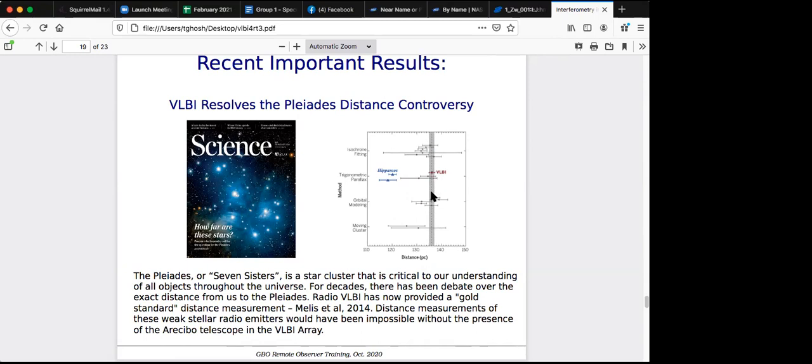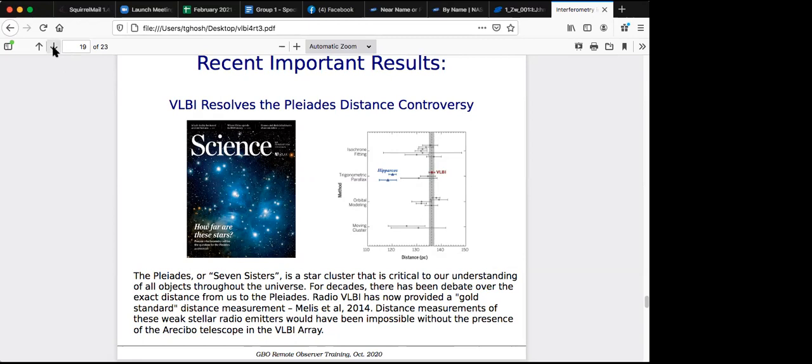Many of the ground-based measurements put the value at about 138, but then Hipparcos found a very odd value. VLBI nailed it down here. And now Gaia also has confirmed that the value is really here, not with the Hipparcos. So this was a good achievement for VLBI in general. This is a second rung in the ladder of the distance measurements in astronomy.